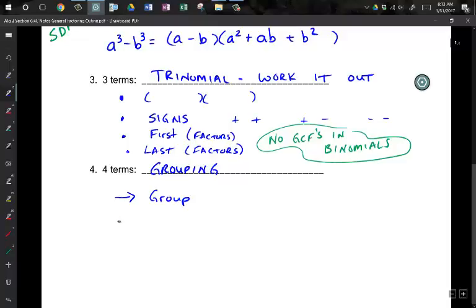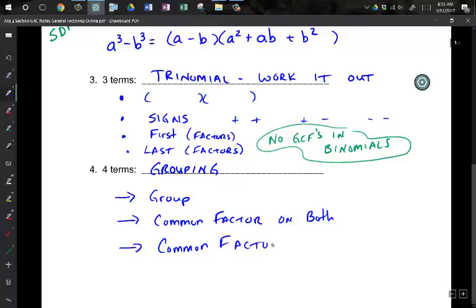When you're grouping them like that, you're going to look for a common factor on both terms or on both pairs. And then once you've done that, you might look for another common factor again, just as some steps.